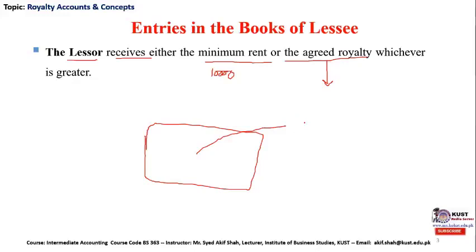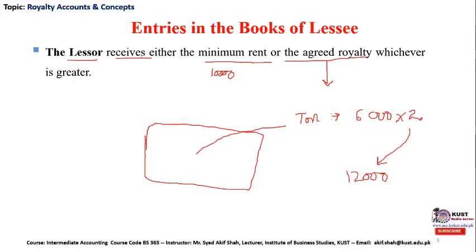Let's suppose if it is coal extraction, then on the basis of tonnage, the agreement may be signed between two parties. And let's suppose if in 1 year, the party B has extracted 6,000 tons of coal from this piece of land, and the royalty fee is ₹2 per tonnage, then the overall royalty fee will be 12,000 to be paid out to the landlord at the end of first year.